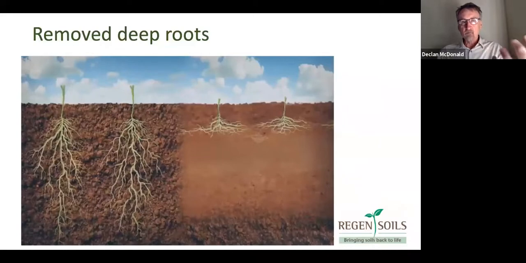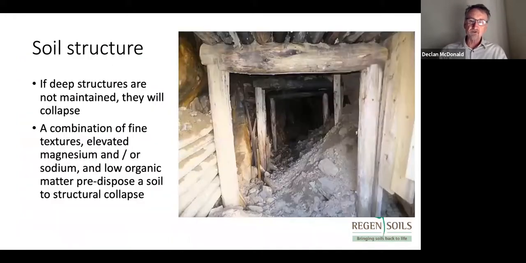And as I said, when we remove the deep roots, the structure deeper down just starts to collapse in upon itself. This happens to different degrees in different soil types and different chemistries. But I liken it to a mine that is not used anymore. And we all know what happens in an abandoned mine. You get cave-ins because the maintenance of the mine is not happening anymore.